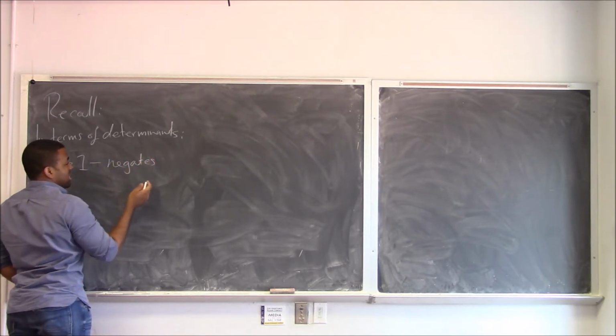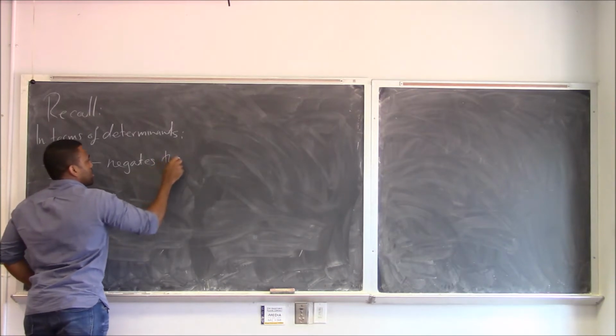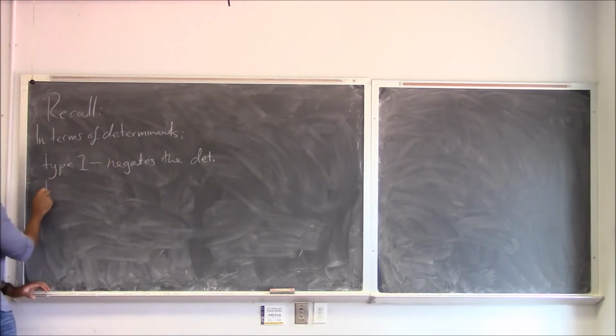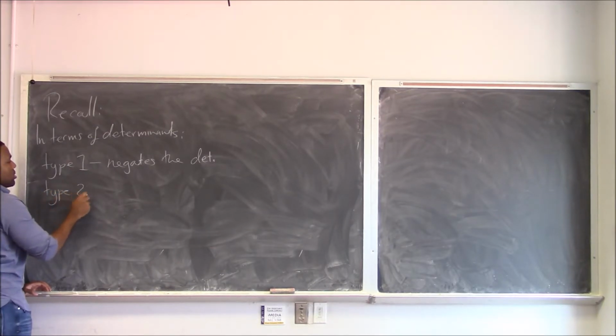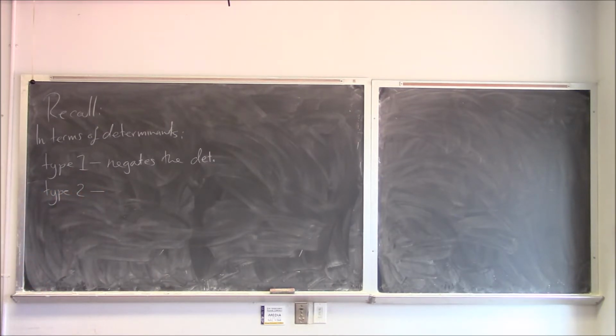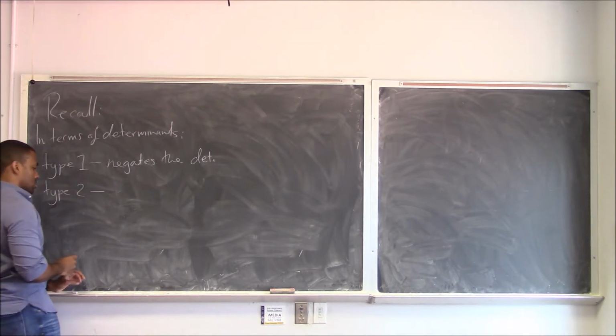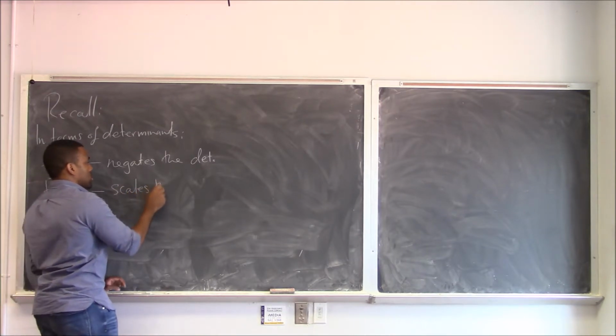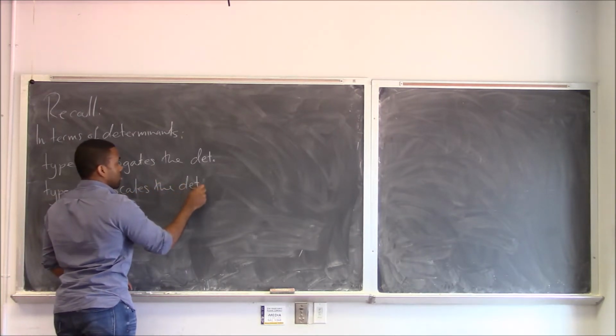In other words, you can think of it as scaling it by -1. Okay? So if you perform the type 2, which means you multiply it by a non-zero scalar, what does that do to the determinant? It scales it by what? By that scalar k. By the same scalar.